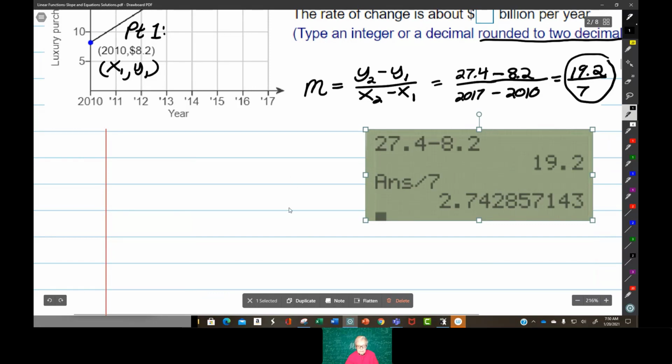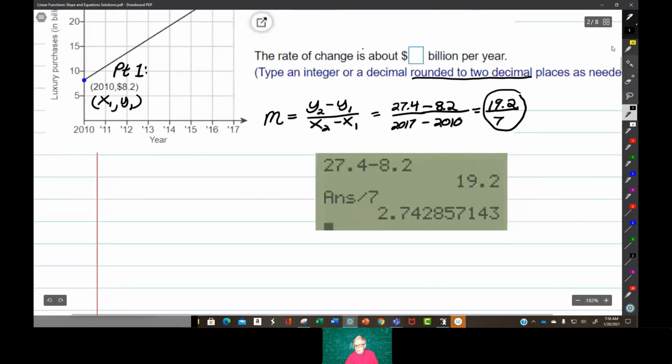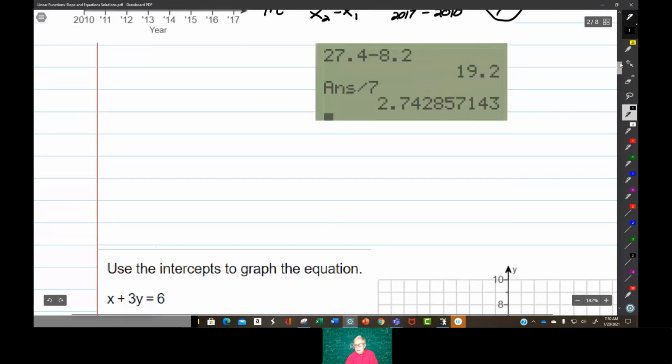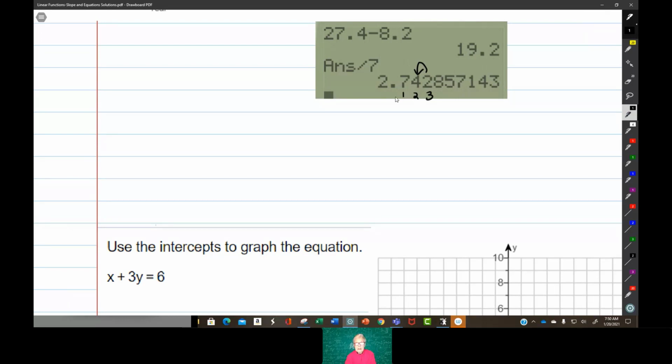Now we have to round to 2 decimal places, 1, 2. That means I look over at the 3rd decimal place. Is this 2 big enough to round the 4 up to a 5? And the answer is no, it's not. So our answer, we're going to drop off these decimals and we're going to go with 2.74.